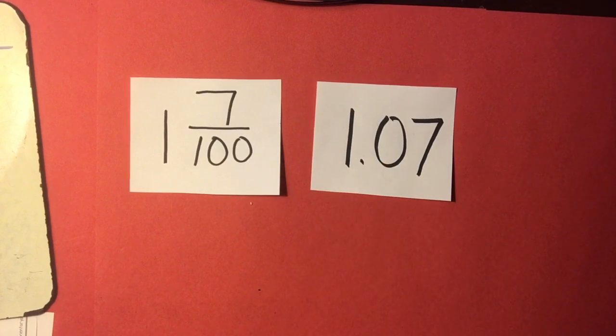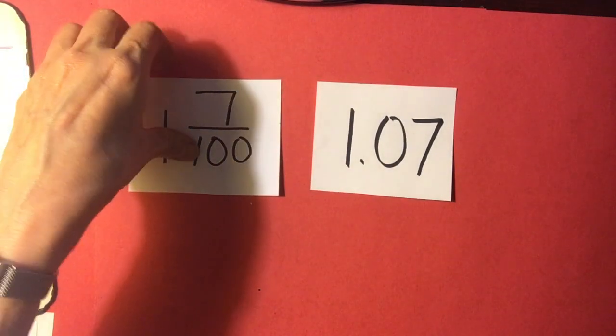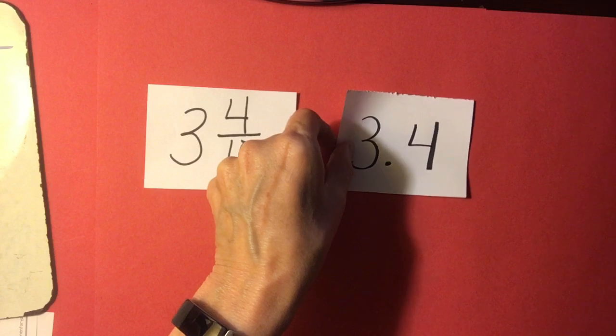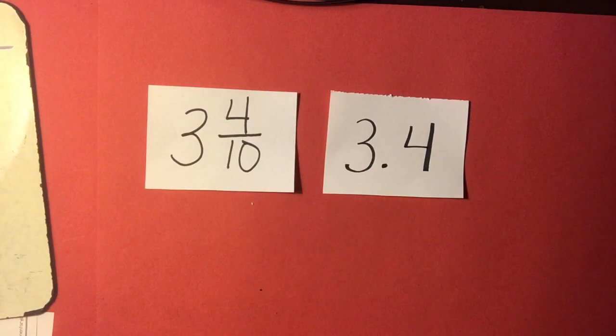Okay, so do you kind of understand how this is going to go? All right, the next number is 3 4/10. Write that as a fraction and write that as a decimal. Are you ready? 3 4/10 and 3 4/10.